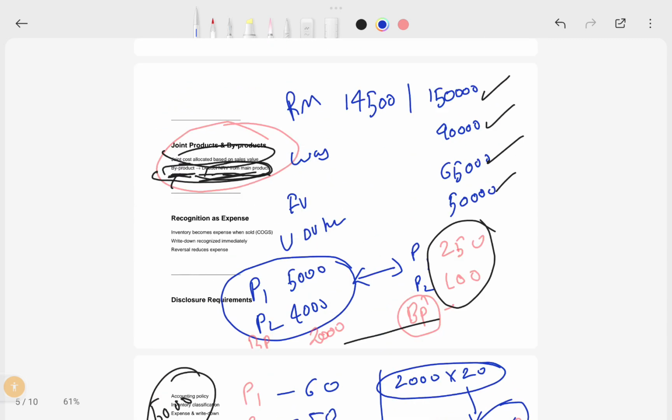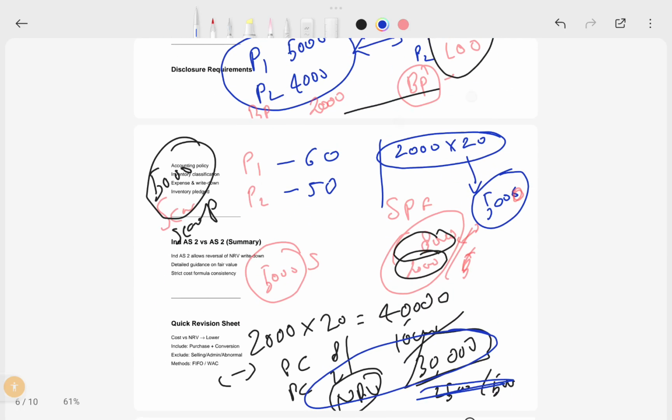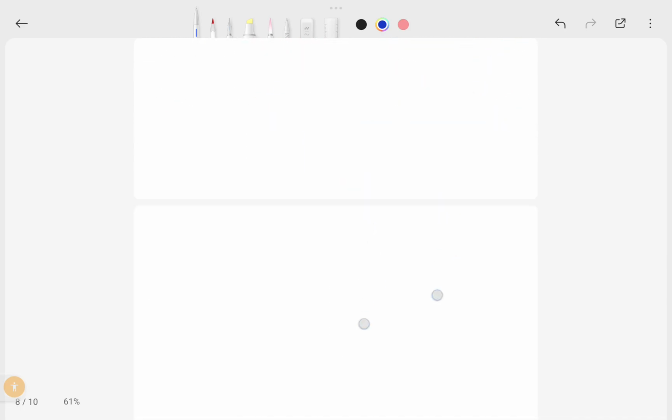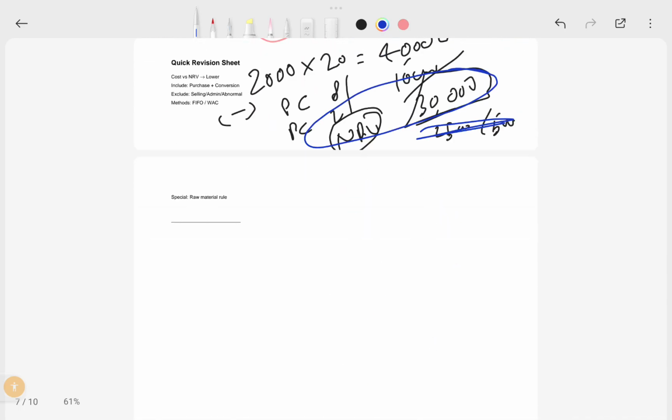What is your main cost? This is your main cost until now: 1,50,000, 90,000, 65,000, 50,000. How much do you get? 3,55,000, I guess. Out of 3,55,000 you need to remove this. See, I'm calculating below.